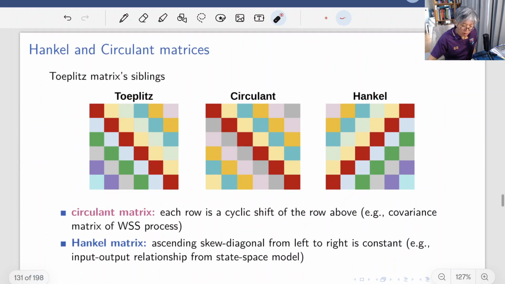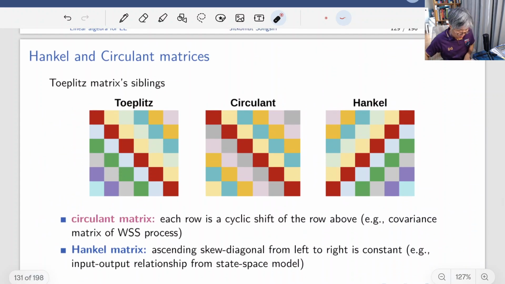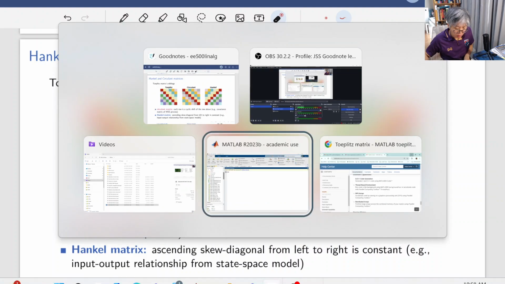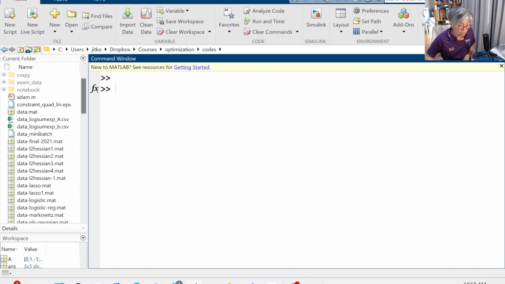Maybe we can see some results here. A Toeplitz structure can be constructed in MATLAB like this.